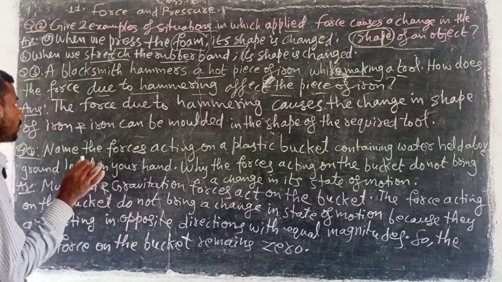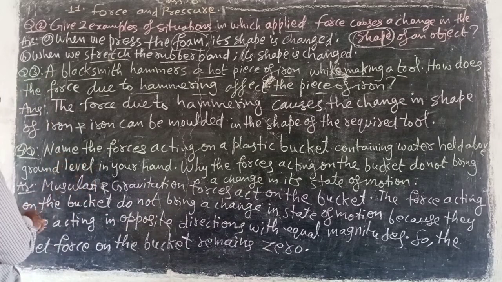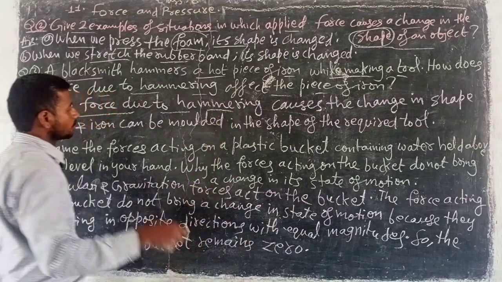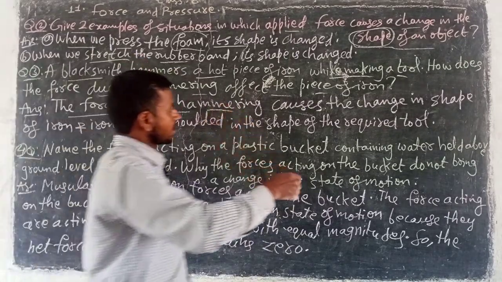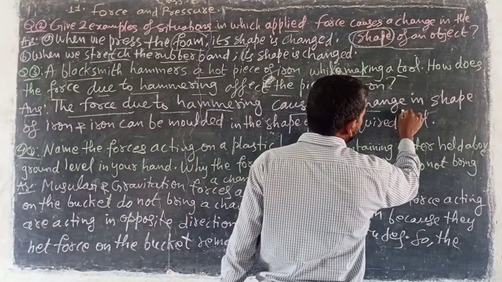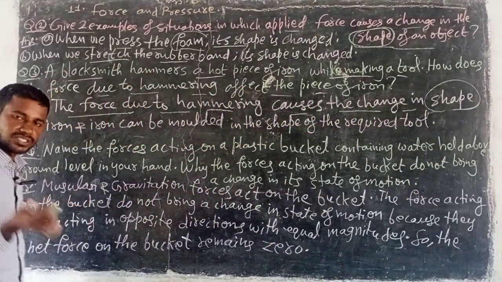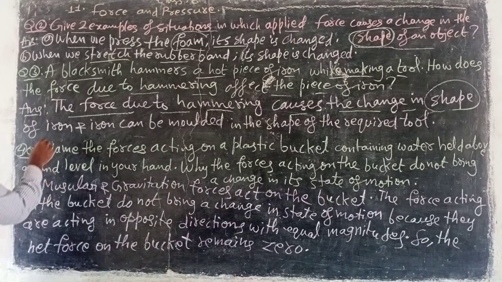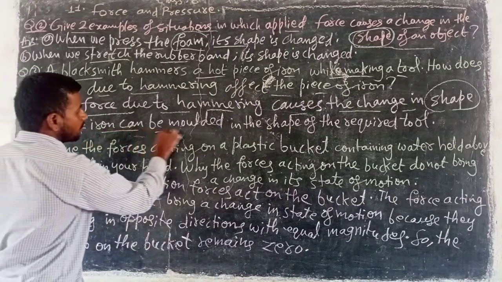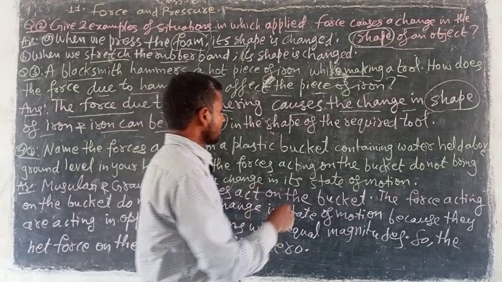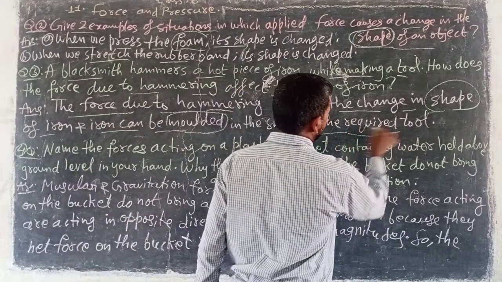So look here, what changes will occur? The force due to hammering causes a change in the shape of the iron first, and the iron can be molded into the shape of the required tool.